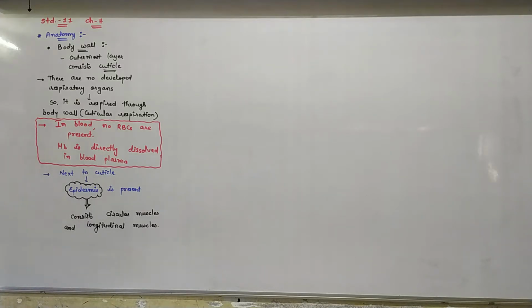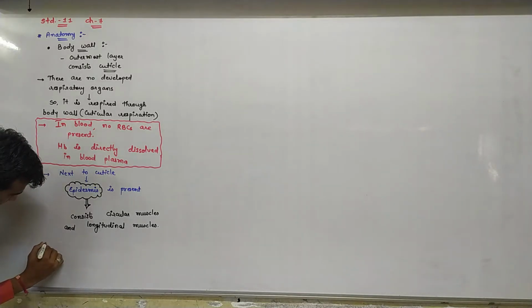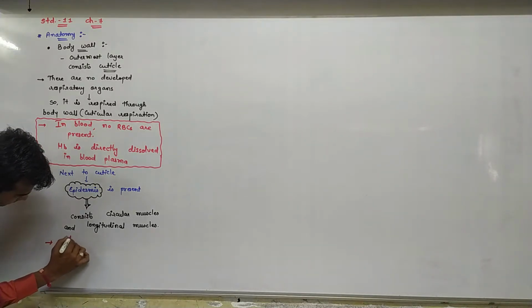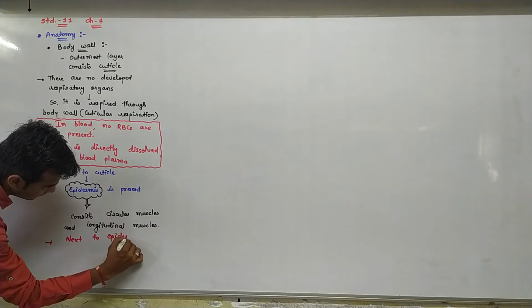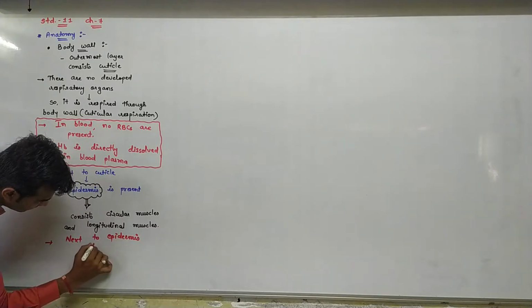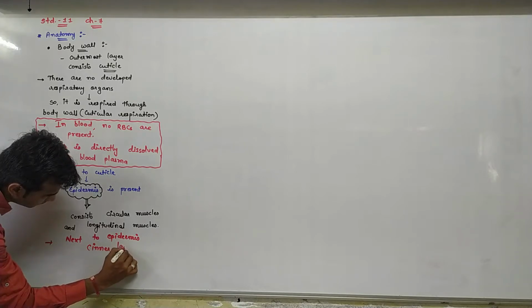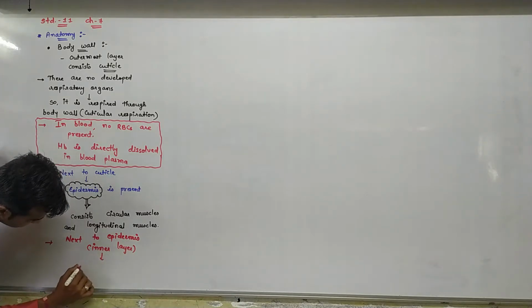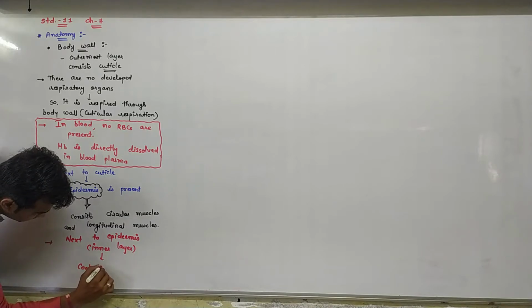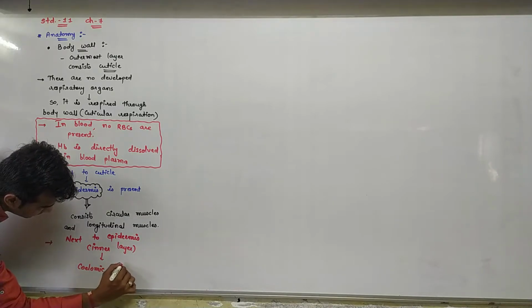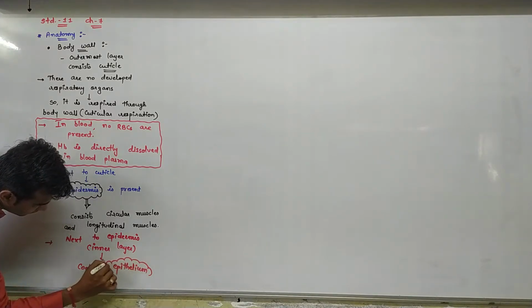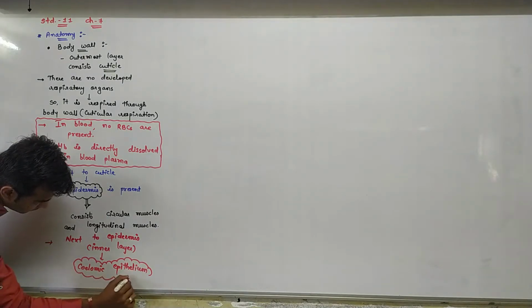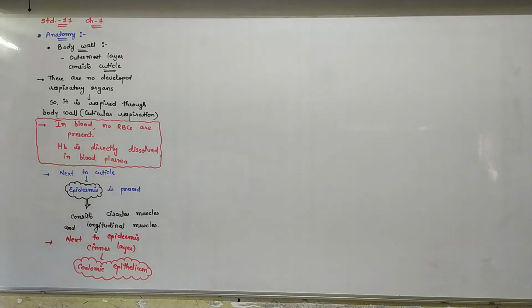The lowermost portion next to the epidermis, the innermost layer, is known as the coelomic epithelium. Okay, so the innermost layer is the coelomic epithelium.